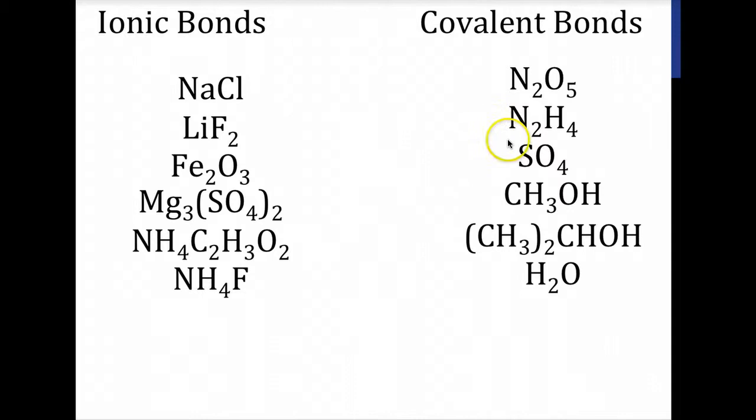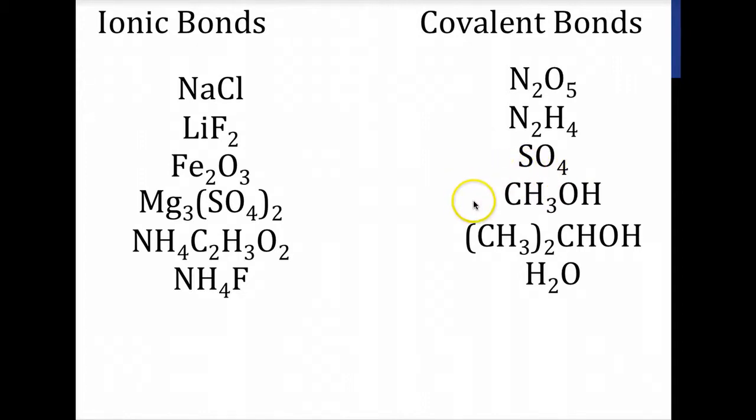N2H4, again, hydrogen is a nonmetal, so this is a covalent bond. Now, SO4, you may say, that's a polyatomic ion, so this is just a polyatomic ion. But in order for it to be an ion, it has to have a charge. So we see SO4 here, but it doesn't have a charge here in the upper right-hand corner, so it's not an ion. This is a covalently bonded molecule.